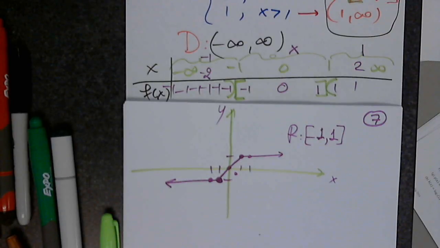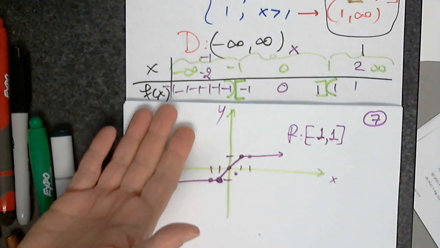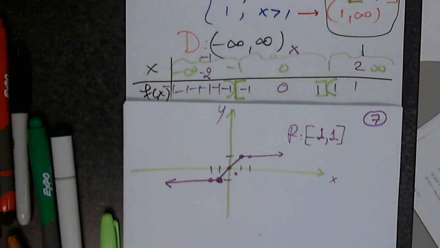Perfect. I don't recommend jumping and presenting a point with no explanation whatsoever. So either use this method or something else, not just say, okay, I can picture this in my head. It's a point here, it's an open point, a full point. That's not legitimate.